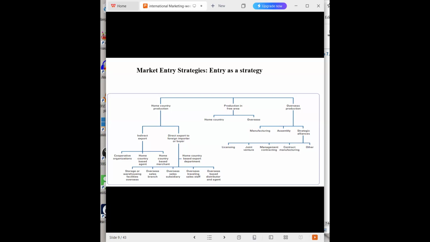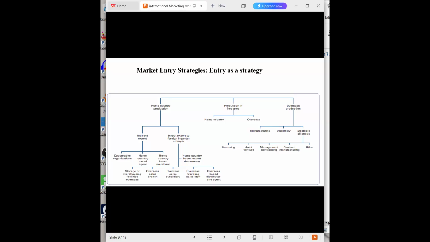So you can have your own sales branch, or sales subsidiary, or sales staff over there, or distributor and agent. So you have your own distributor. You already formed a partnership or arrangement with certain distributors in that foreign market. So it's the organization that is managing those trading activities all by itself.